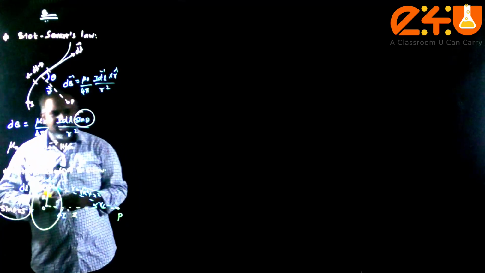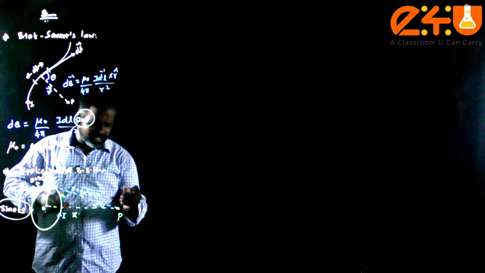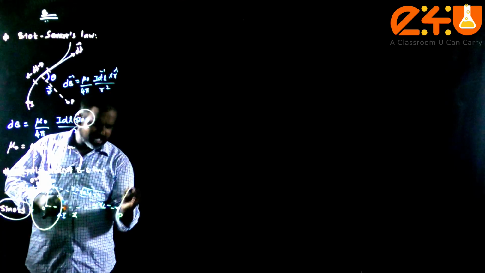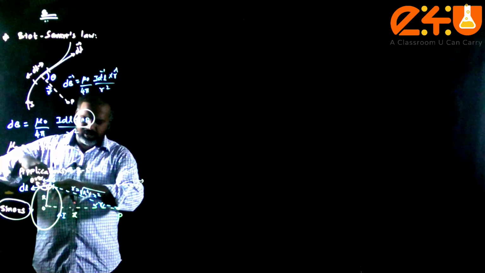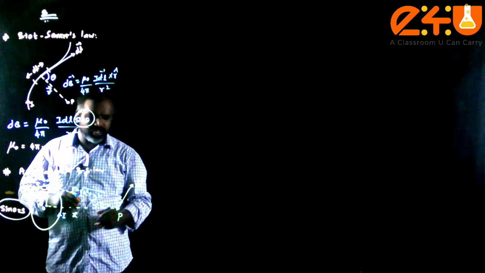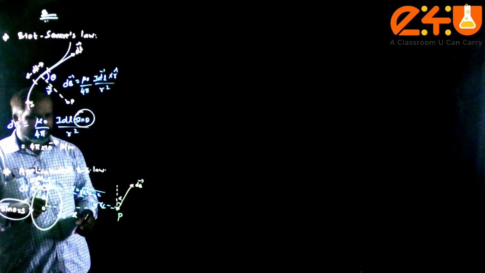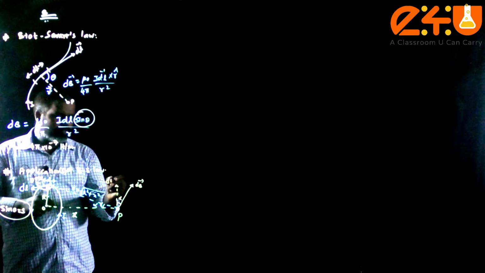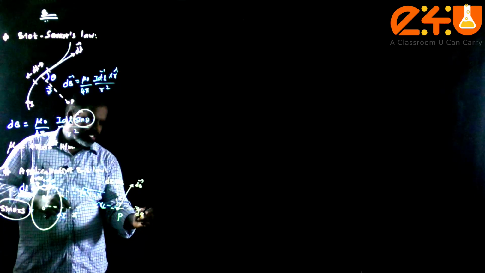Therefore this will be the magnetic field dB vector, perpendicular to the plane containing dl and r vector, which makes an angle alpha with respect to the vertical. Now this vector is resolved into components: dB cos alpha and dB sin alpha.